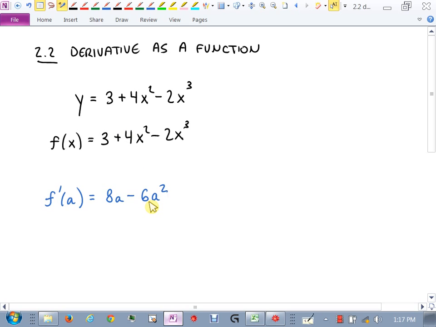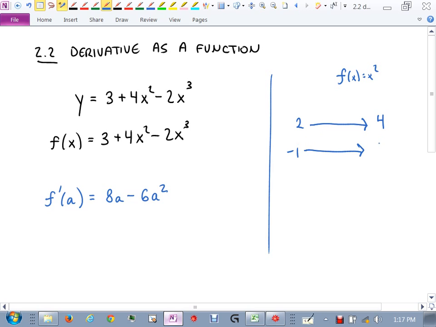It's kind of like this. If we look at a function that we've known, like f of x is x squared, and we run the number 2 through it, it gets squared and comes out as 4. We take the number negative 1 through it, it spits out 1. A function, by itself, takes a number in and spits a number out. What we're doing now is something completely different.